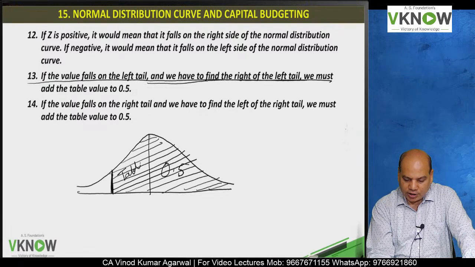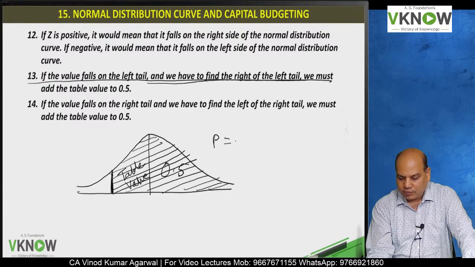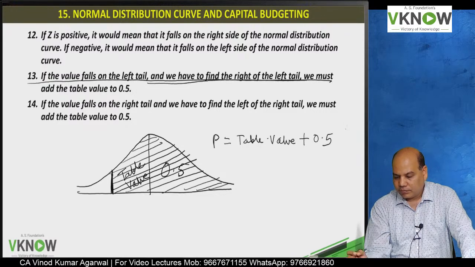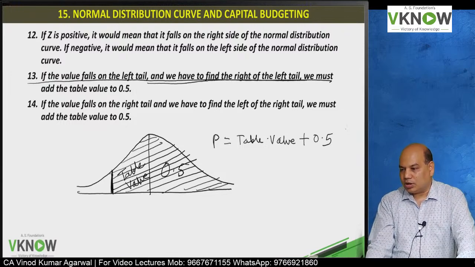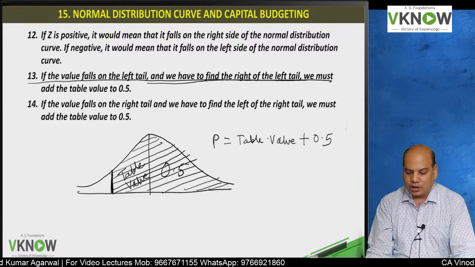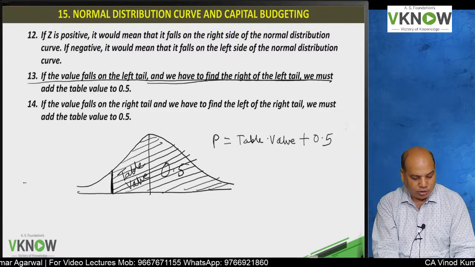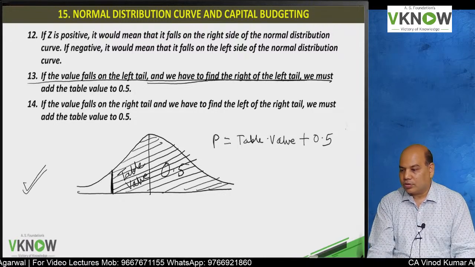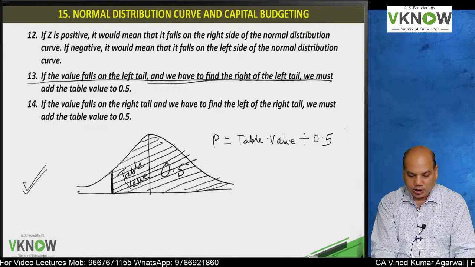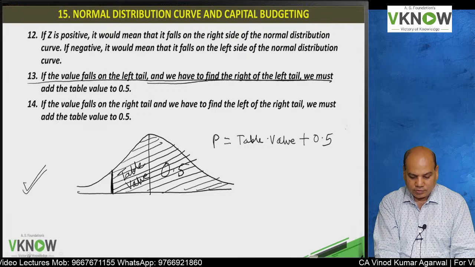We will find table value, and the probability will be table value plus 0.5. If the number is on the left tail and we have to find right of the left tail, this diagram you will draw in the second box. Table value plus 0.5.